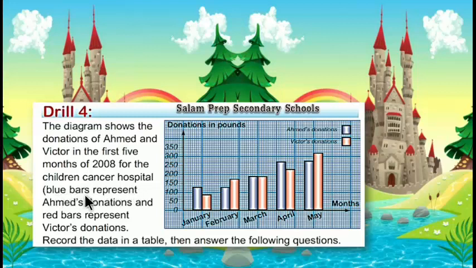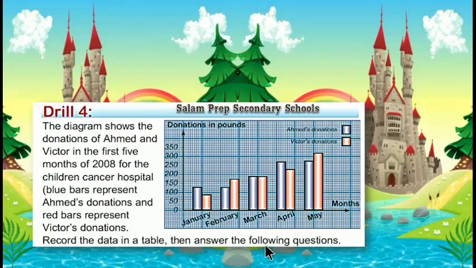Blue bars represent Ahmed donations and red bars represent Victor's donations, okay? Please record the data in a table, then answer the following.